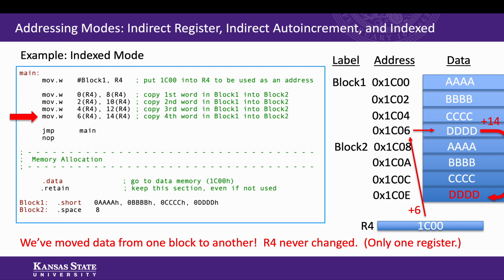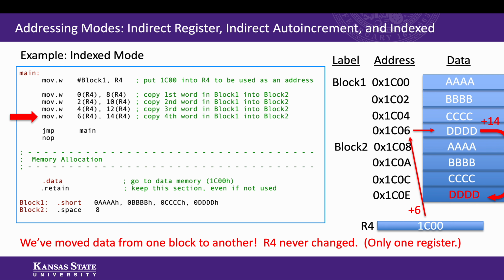Lastly, in this last move instruction, we're going to take 1C00, add 6 to it. 1C06 gets interpreted as an address and points to data DDDD. And then that gets copied or moved into whatever's in R4 plus 14, which is 1C0E, address 1C0E, as you can see here.